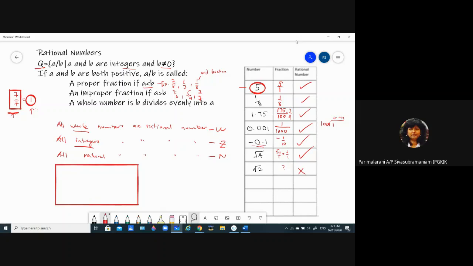So what is inside what? We will start from the first circle. What is the first circle? Let me draw something like this for you first.